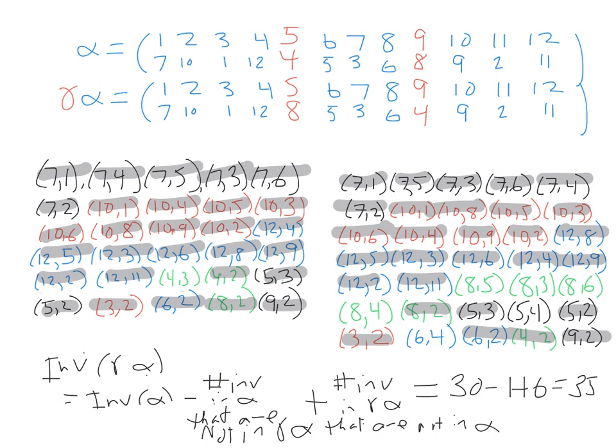But there's something else that I want to notice, and I'm going to do this with some more highlighting. I think I'll use yellow. I want to highlight these inversions that are found in only one of the two permutations.